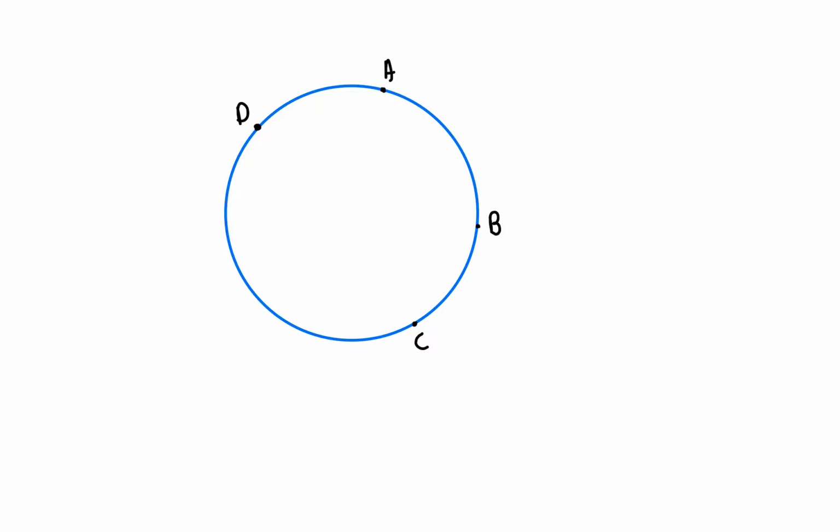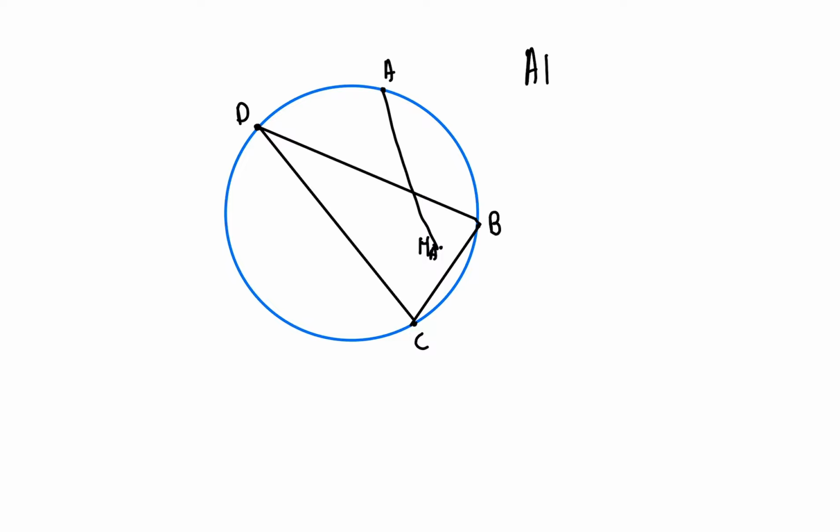Now let's take the triangle BCD and find the orthocenter of that. The orthocenter of this triangle is around here, and let's call that point HA. We've drawn one line, AHA. We can similarly define HB, HC, and HD by taking orthocenters of those triangles. And we want to prove that these 4 lines are all concurrent.